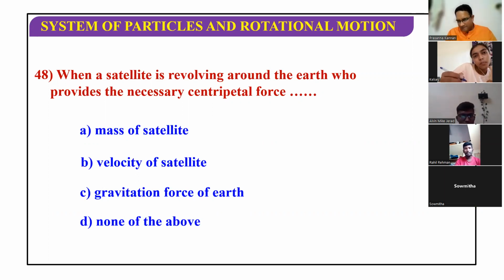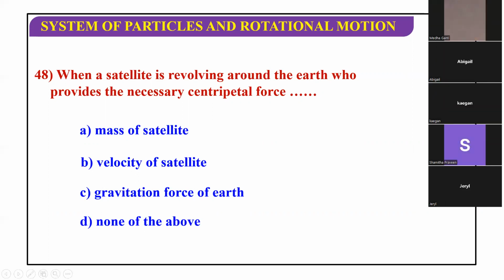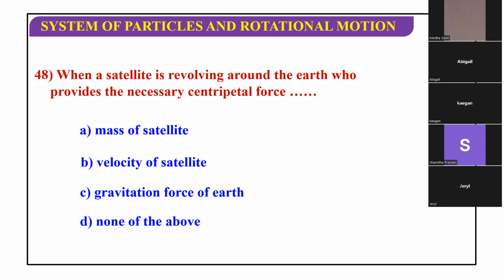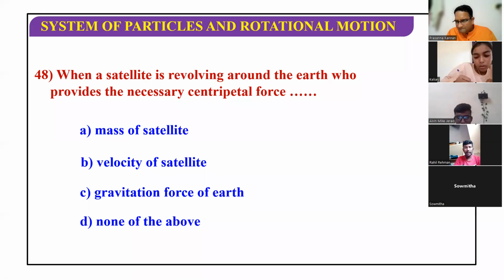Yes, that is correct, because you need a force which is acting towards the center. Gravitational force is directed towards the center, and that provides the necessary centripetal force for a satellite to go around Earth.